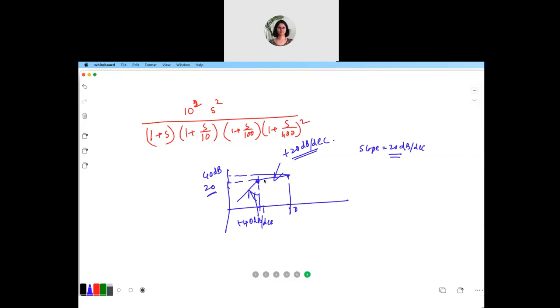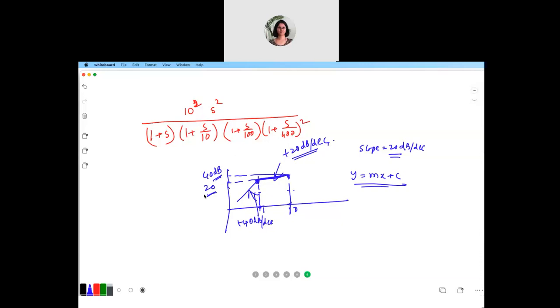This is just a linear graph, a straight line, so you can use the relationship y equals mx plus c to calculate the magnitude here. Naturally, in 1 decade the change should be 20, here an increase of 20. So here if it is 40, then here it must be 20.